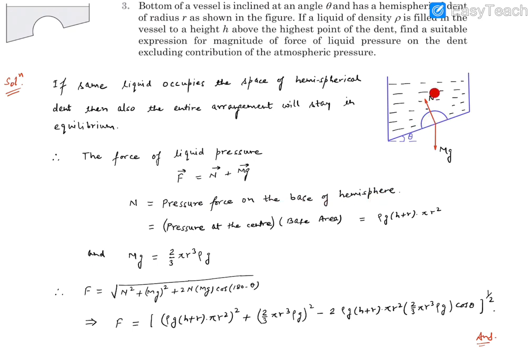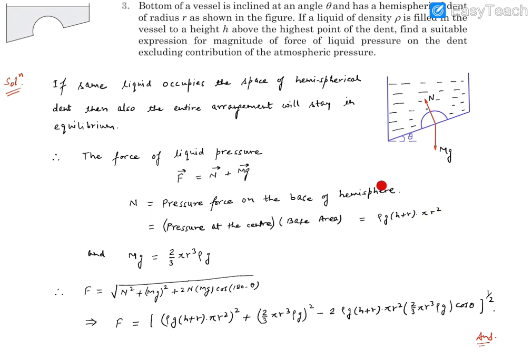Since the highest point has depth h and the radius is r, the total depth of the center of the base of the hemispherical dent from the surface is h plus r. So we can write the pressure at the center of this base times the base area. The pressure is rho g times the total height, if we exclude the atmospheric pressure, and the area is pi r square.